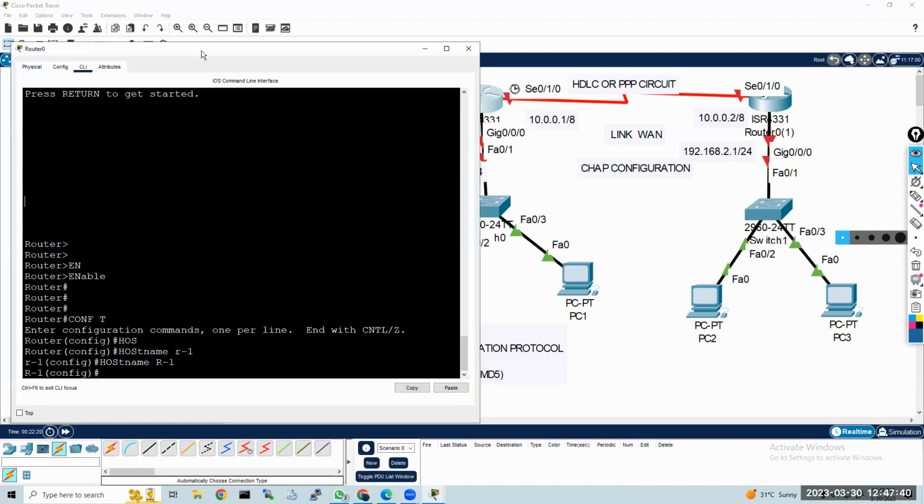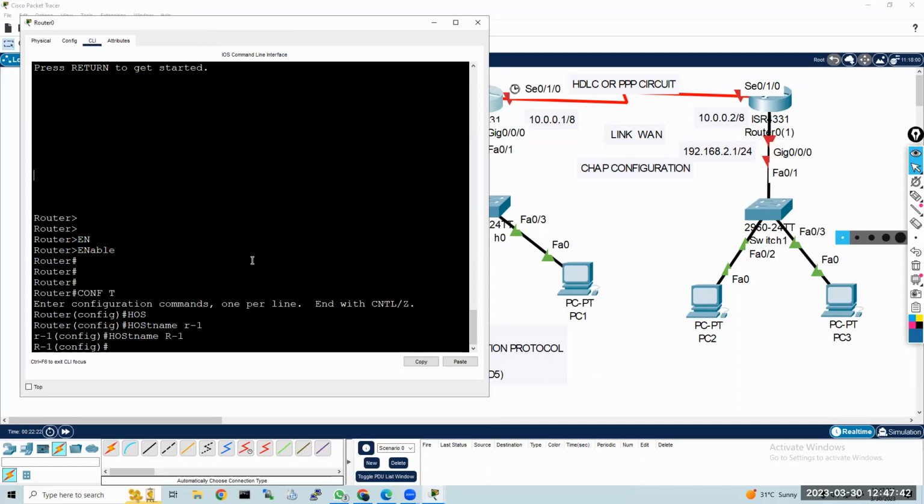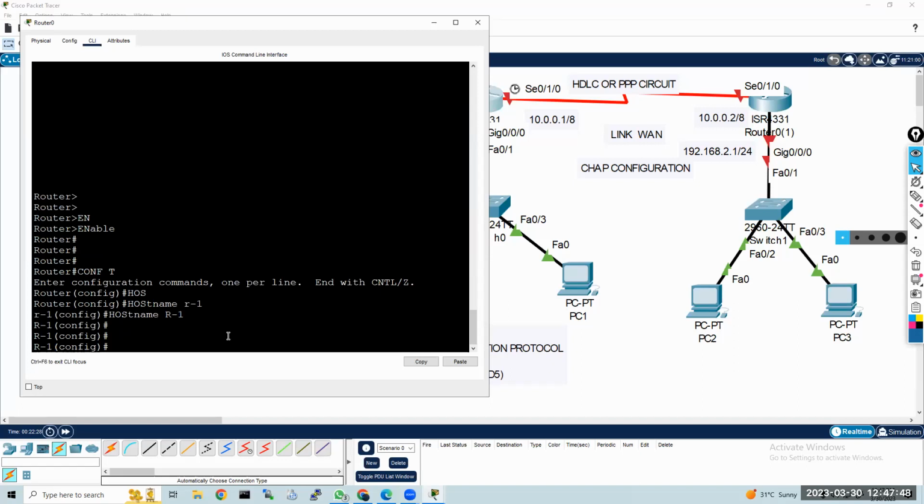Can you start typing here? Assign the IP address for the WAN and LAN link. One second. Meanwhile, I will take just 5 minutes.